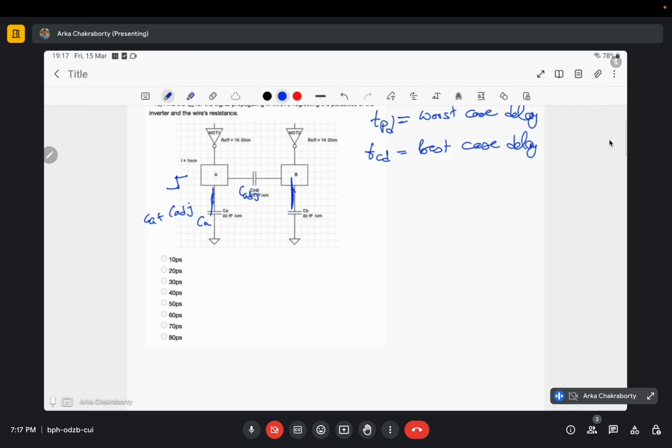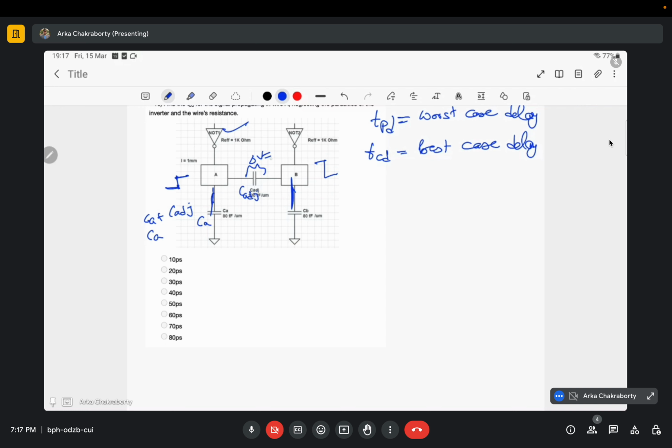And if the aggressor and the victim are changing in the same direction, then the delta V across this C adjacent would be 0, right? So the net capacitance that this aggressor circuit needs to charge is only Ca. And if the aggressor circuit and the victim circuit are changing state in the opposite direction, then the delta V across C adjacent would be double.